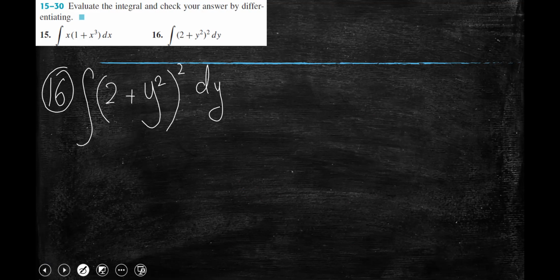Use the formula of the quadratic equation. What do you have to do? 2 squared, then plus y squared.